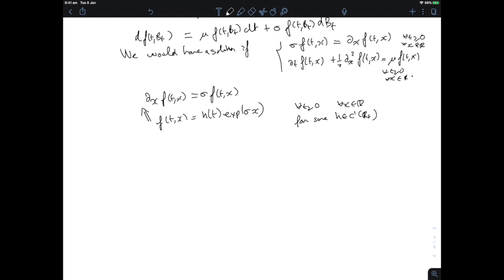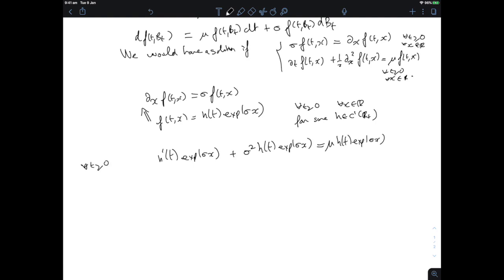Okay, so let's look for a function of that form, and let's see if we can have a function of that form satisfying the second equation. So the second equation would tell me that h prime t times exponential sigma x, that's when I differentiate in t, plus differentiating twice in x, sigma squared h(t) exponential sigma x would have to be equal to mu h(t) exponential sigma x.